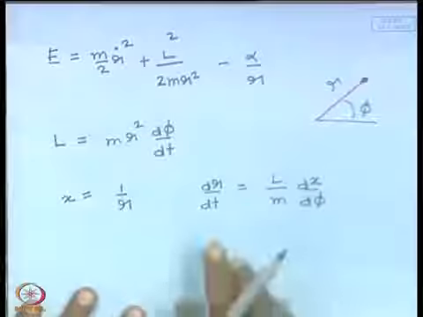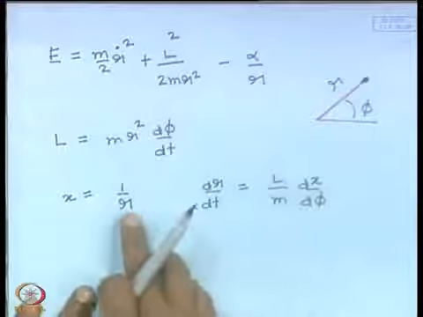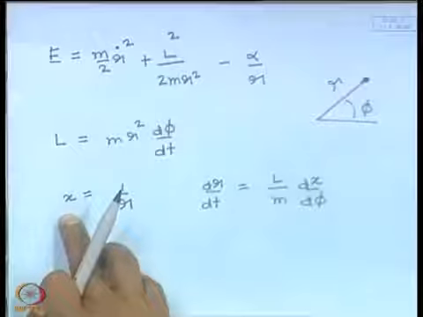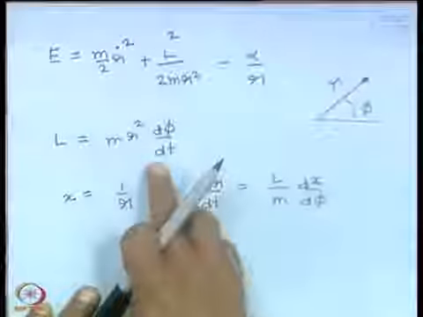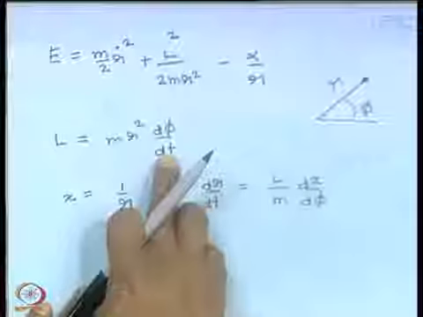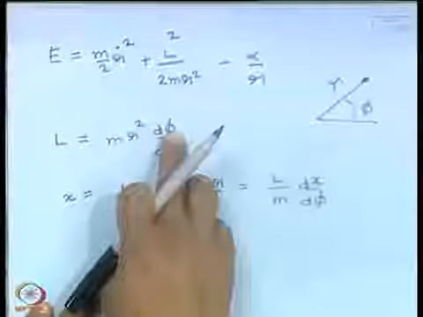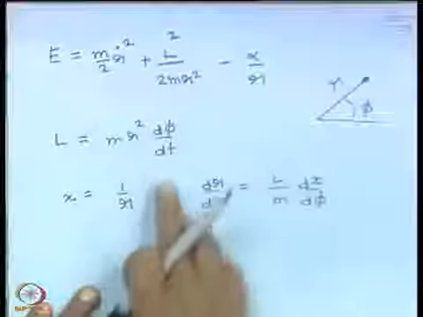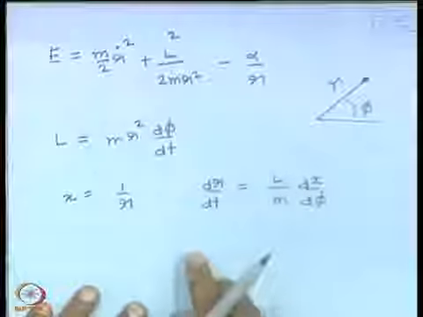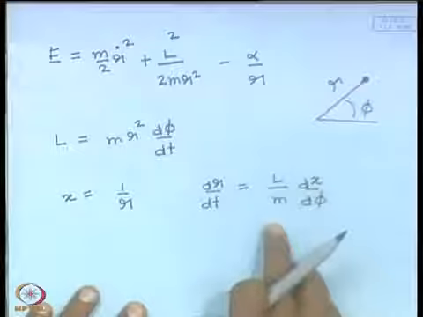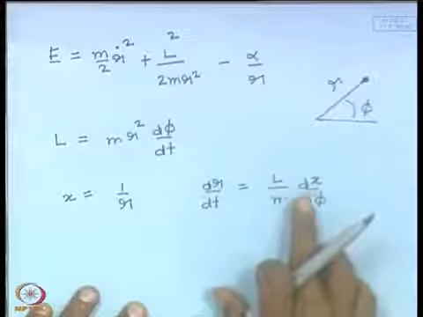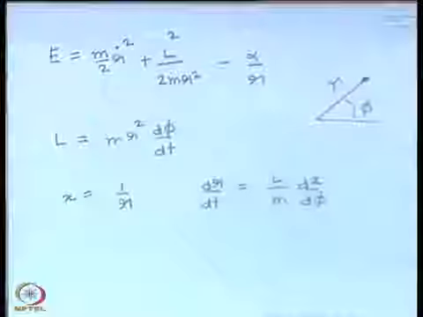You have to just replace dr dt in terms of dx dt, and you can use this to replace derivatives in terms of t with derivatives in terms of phi. Doing this you are led to the relation that dr dt, which occurs over here, can be written as the angular momentum by mass into dx d phi.